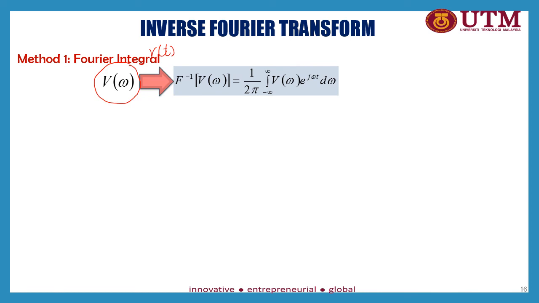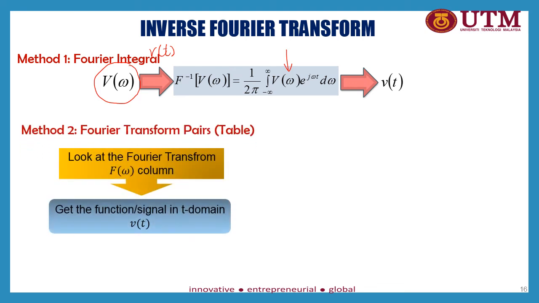To use the first method, you need to perform integration of the signal. Now you have the V(ω), so perform the integration and you'll get v(t). Or you can use the Fourier transform pairs or table.